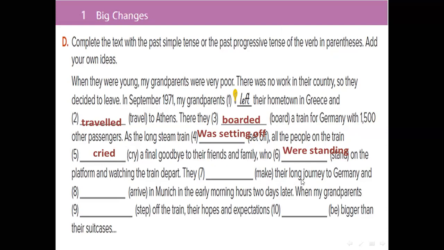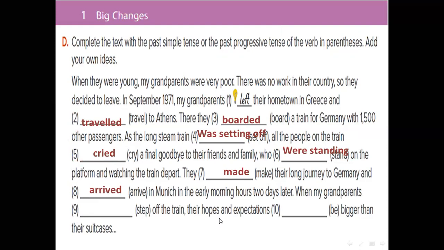They make their long journey to Germany and arrive in Munich in the early morning hours 2 days later. 2 days later. It's the past form. What is the past form of make? Made. Make, made. It's irregular verb. And arrive, arrived. Excellent.